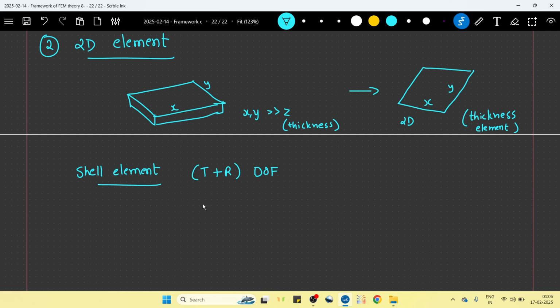So there could be a quad shell element or a tria shell element: four noded shell element and three noded shell element, in xyz space.